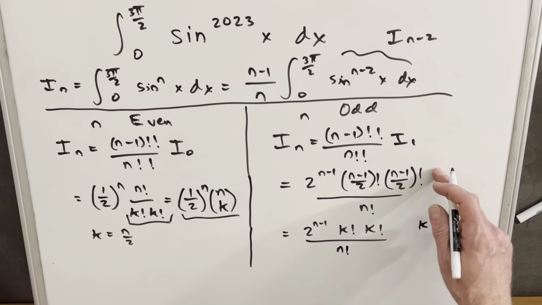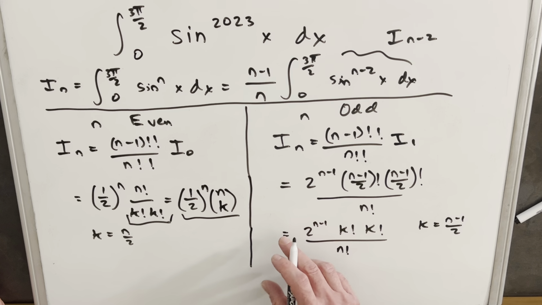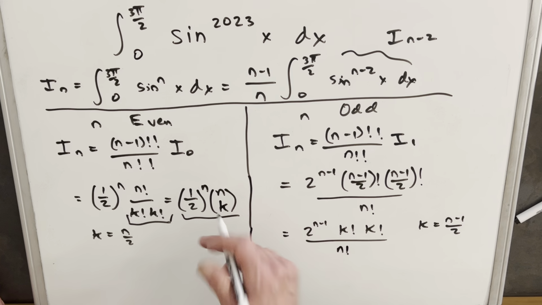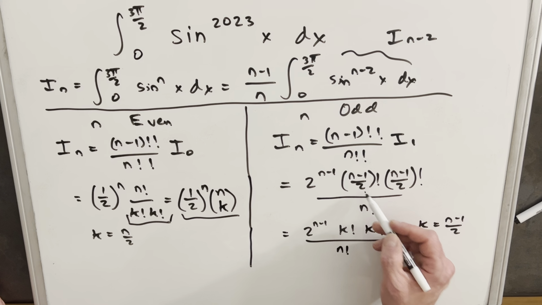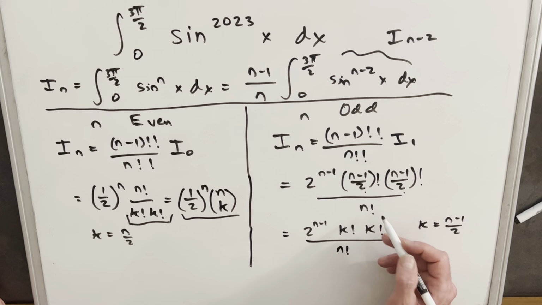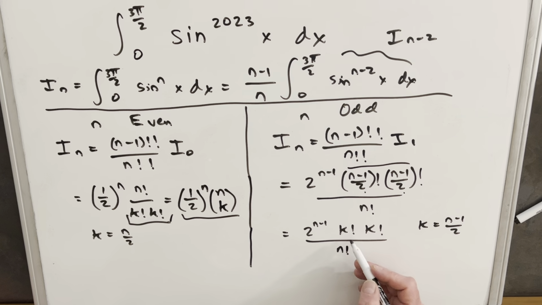Over here, the odd case is a little more complicated, but it's almost like the reciprocal of this with a few changes. We have 2 to the n minus 1, times k factorial, times k factorial, over n factorial, as long as we define k to be n minus 1 over 2. This gives us a way to write this a little differently. It also makes it so that, if the numbers are reasonable, you can actually calculate it to a number or a fraction.